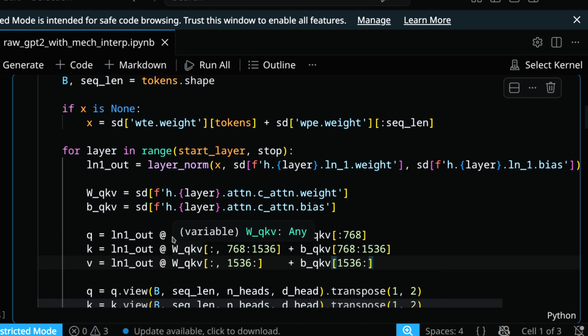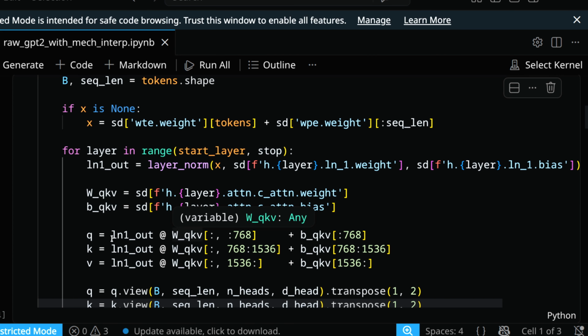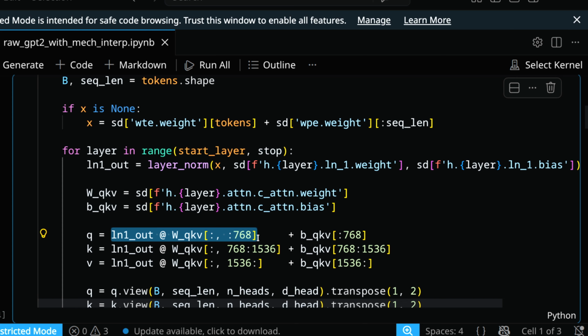And so it's matrix, or it's matrix, it depends on how it's structured. If it's batches, I believe, then this is matrix multiplying the output of the normalization with the queries, keys, and values.